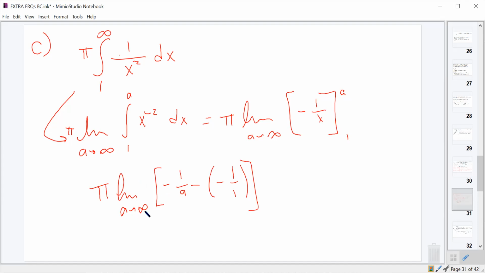And -1 over infinity is 0. Negative of negative 1 is 1. And pi times that 1 is just pi. And so we would show that it is a finite value. Finite volume there is pi. And this is the one we talked about in class. Gabriel's, Torricelli's trumpet.